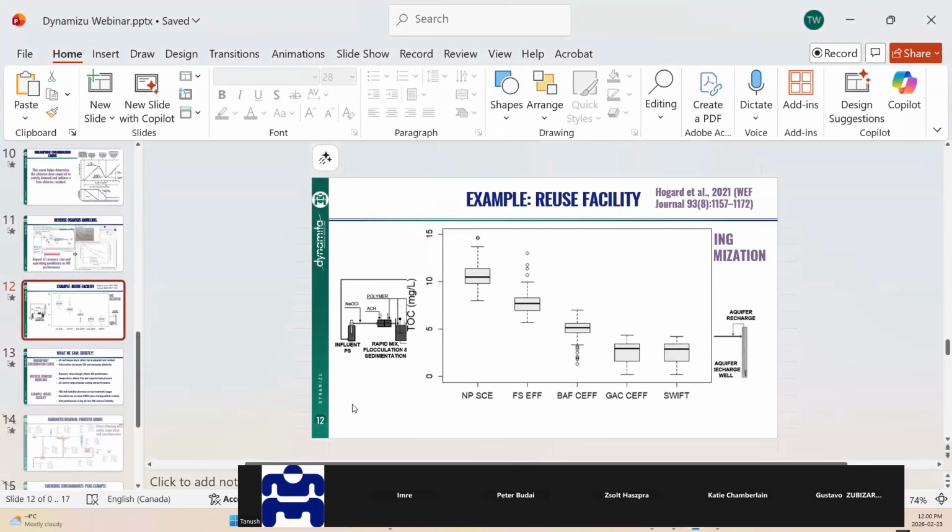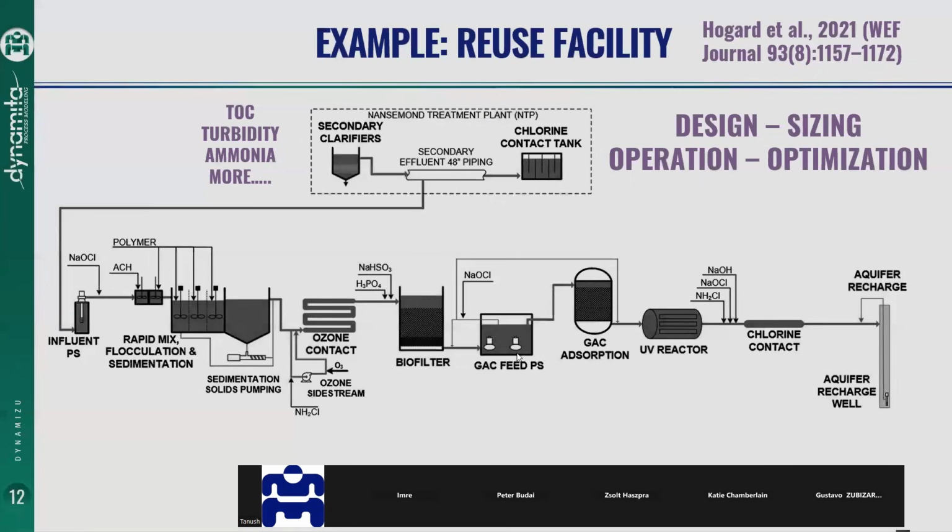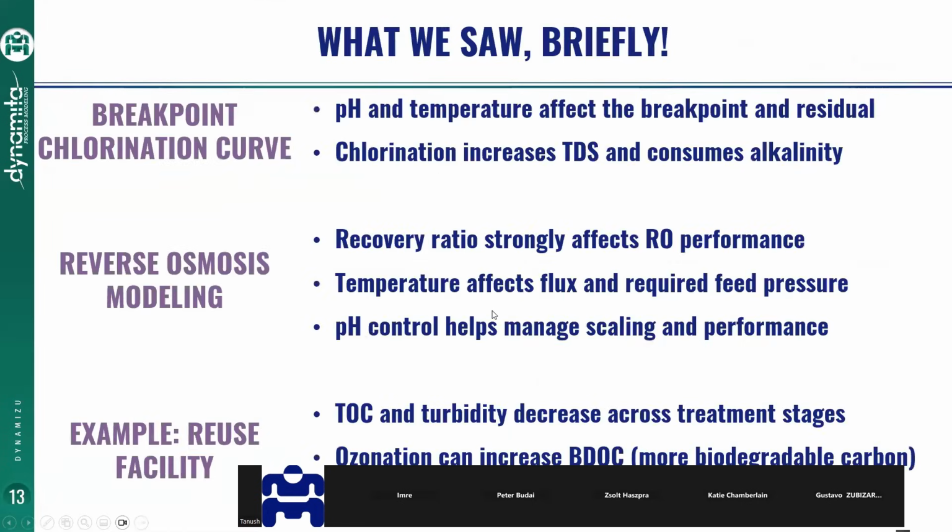I just want to highlight some of the important key points. With the breakpoint curve, pH, temperature, and kinetics impact the breakpoint and residual. Chlorination increases TDS and consumes alkalinity.